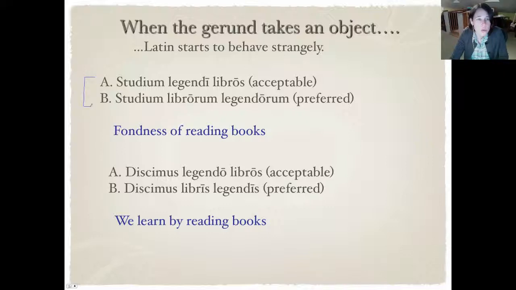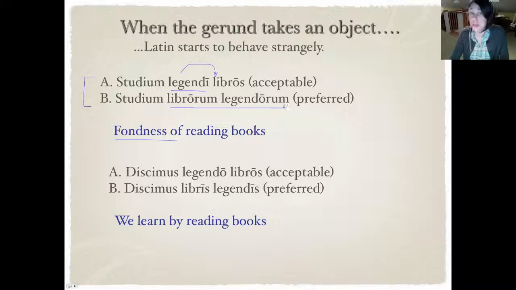The phrase studium legendi libros, right? Literally a fondness of reading books, okay? That's the gerund, legendi. Legendi is a verbal noun taking a direct object. This is acceptable, but what's preferred in Latin is what we see happening at letter B. Studium librorum legendorum, right?